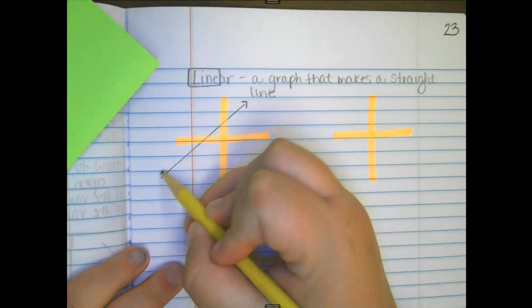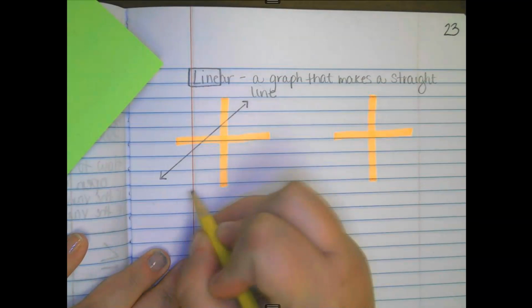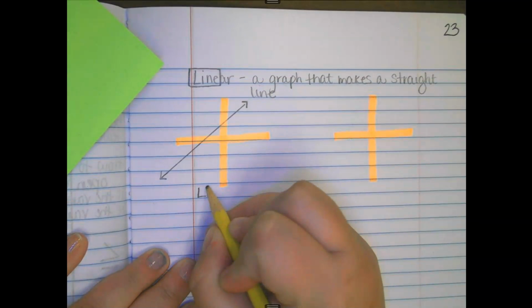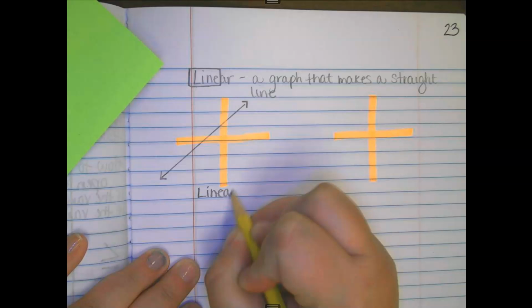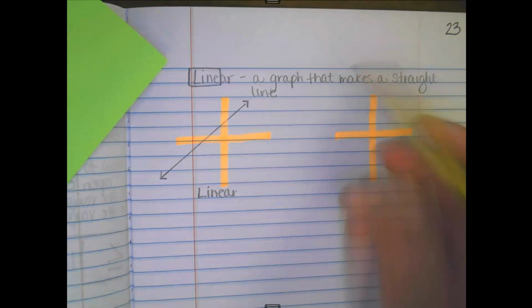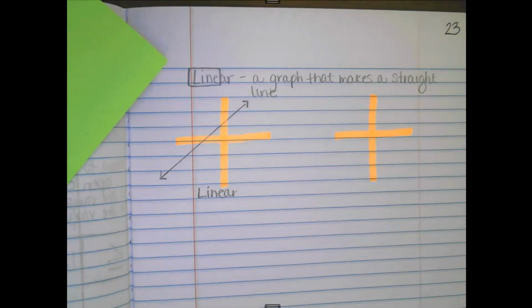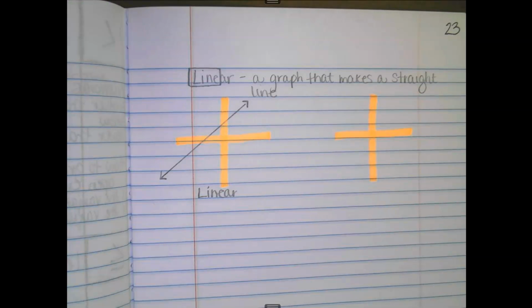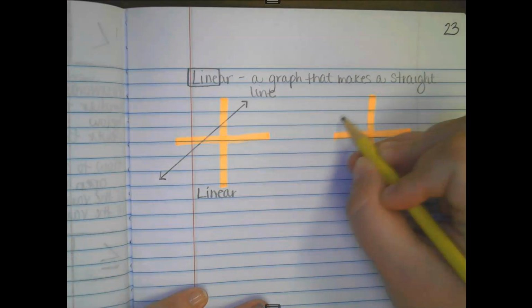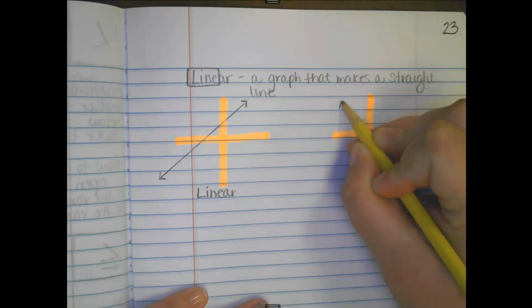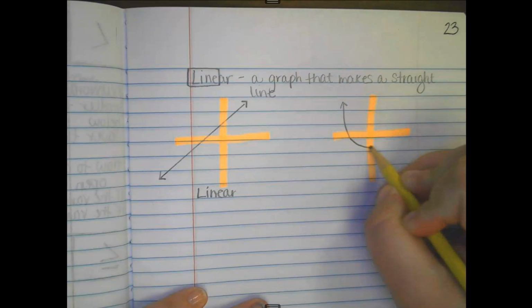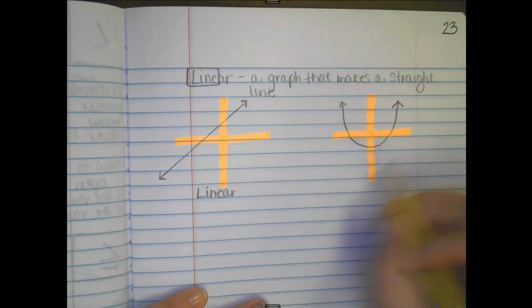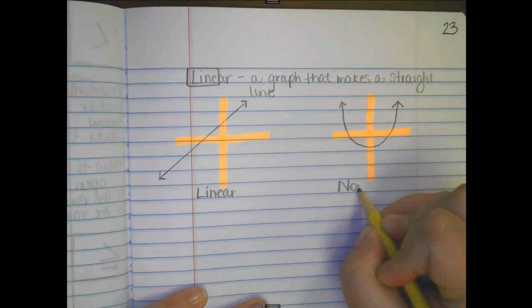Put arrows on it, and I'm going to say this is linear. Because as you can see, it made a straight line with no curves, no bends, versus nonlinear, which we're going to make the letter U. And we're going to say this is nonlinear.